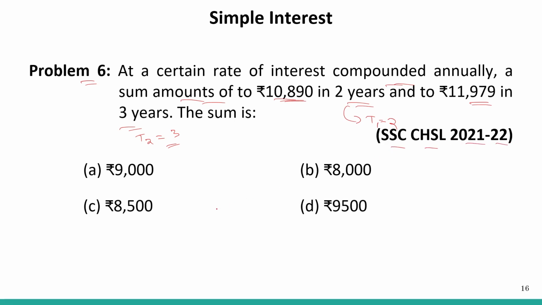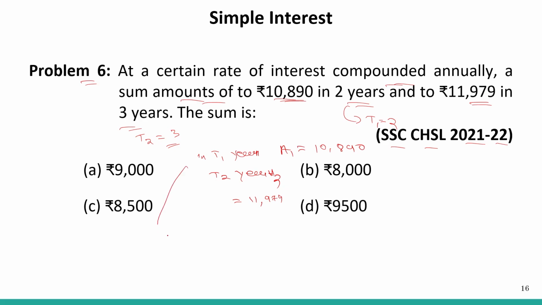Given that the sum amounts to, in T1 year, A1 is equal to 10,890, and in T2 year, A2 is equal to 11,979, right?